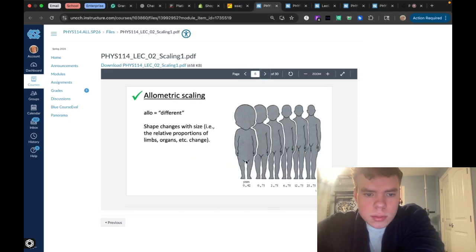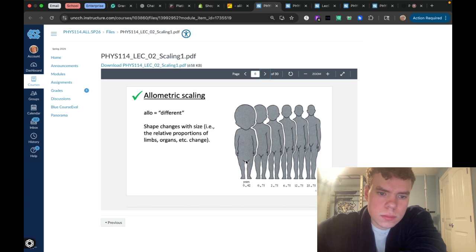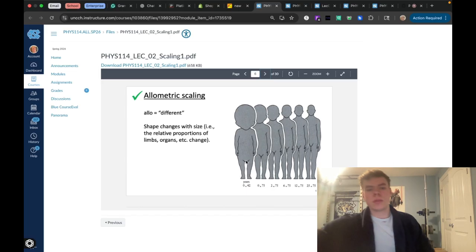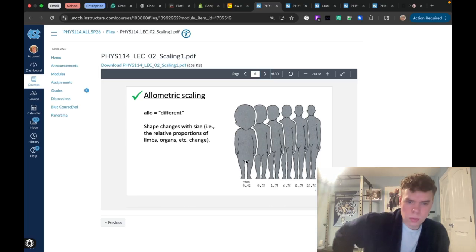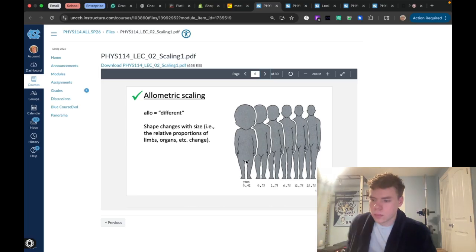Allometric scaling is different. Shape changes with size, the relative proportions.